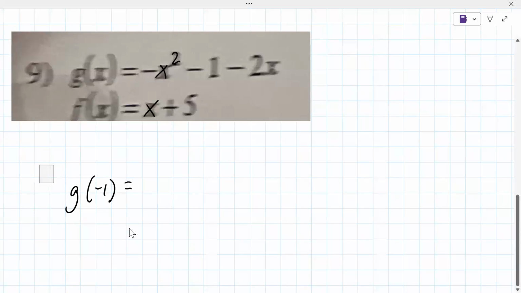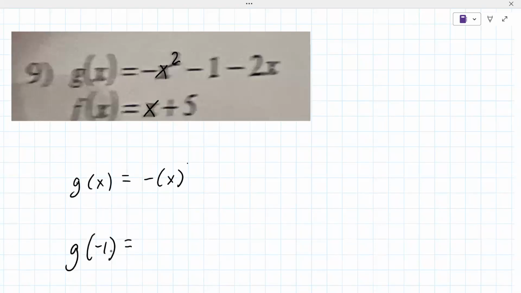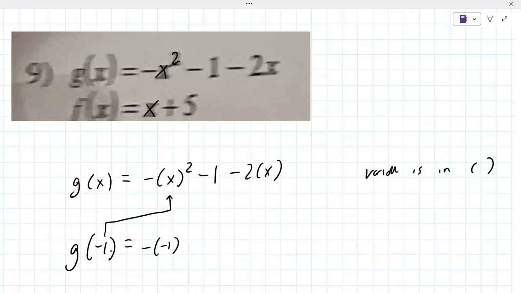All right, so let me give you some more information then. g of x can be written this way. Basically, the variable is in parentheses, which means when you substitute in your number, it's going in parentheses. Okay, I get it.